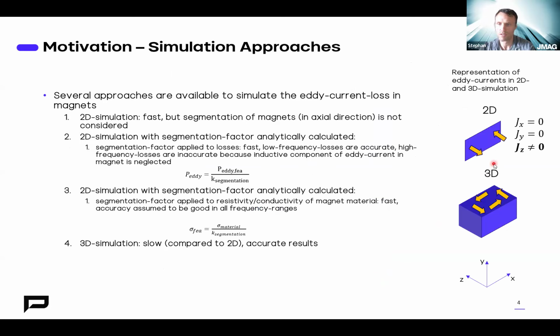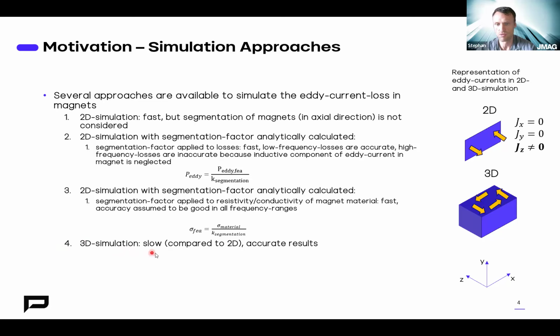How can we calculate the eddy current loss in the magnets accurately? I want to discuss, let's say, four approaches. The fourth approach is a bit trivial, but for me it's the reference in the end. So it's the 3D simulation.